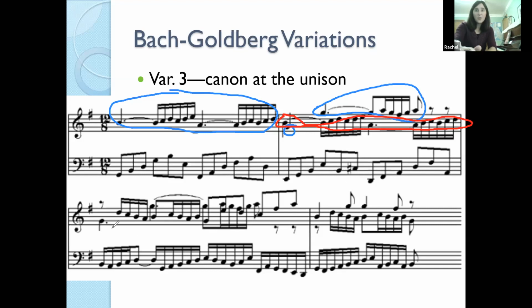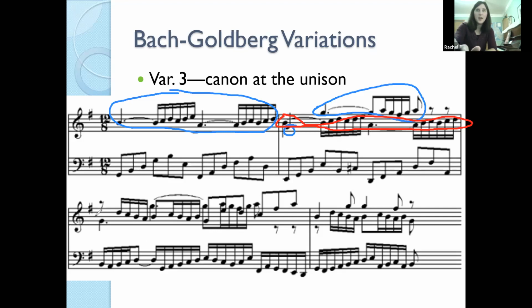Now we're trying to figure out what of this mess down here is going to be our leader and what is going to be our follower. If we're trying to figure out what our follower is, we know that whatever the leader did here, the follower is going to do in this measure. So the leader is doing this octave leap, so we're looking for the octave leap and then this little trilly type thing.